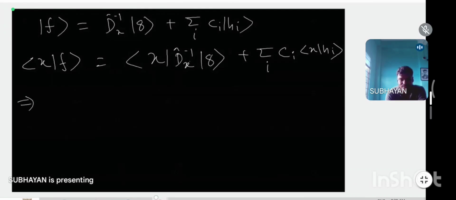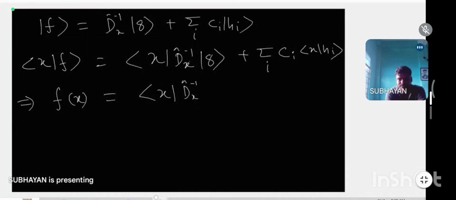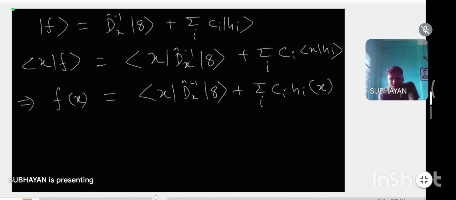And as per the definition of abstract notation, you can write fx equals to x dx inverse g plus summation over I ci into hi. So this part is the complementary function. So in general, transforming from the general notation or abstract notation, you can find it in your original representation, which was in position like that.